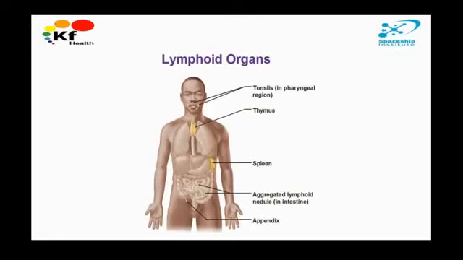So the function is to recognize the particles: whether a particle that comes inside your body is useful, or whether this material will damage the body. So they are like an information center for your body. They inform the body what is coming into the body.